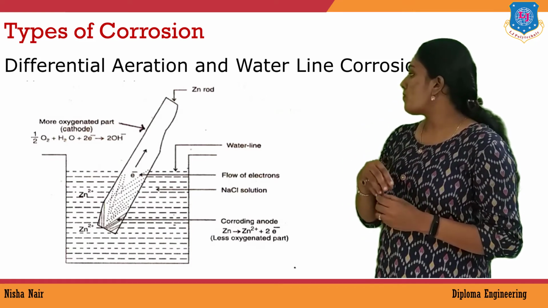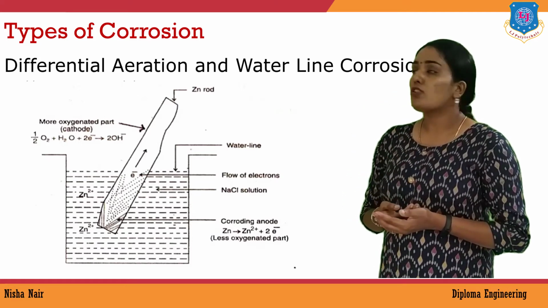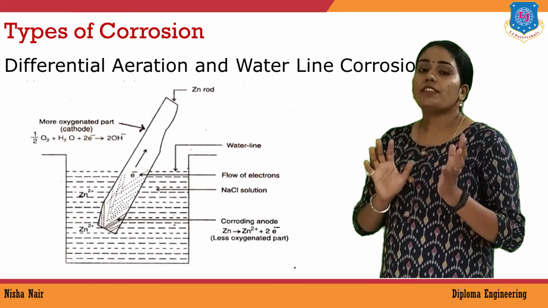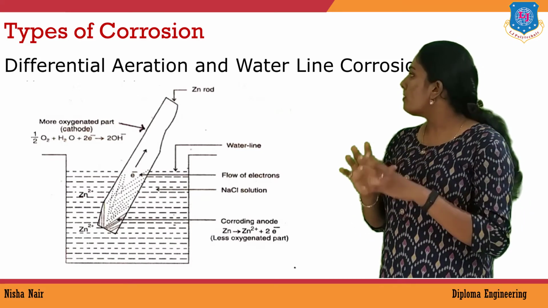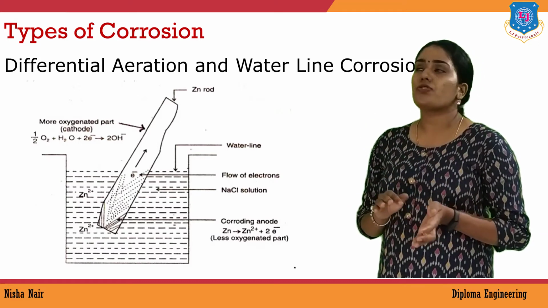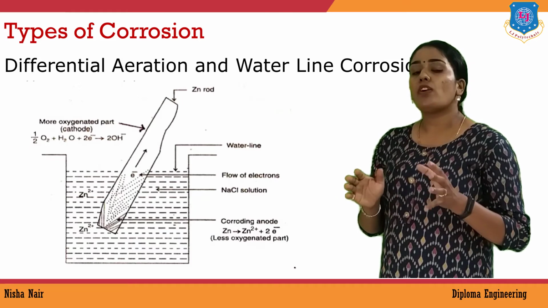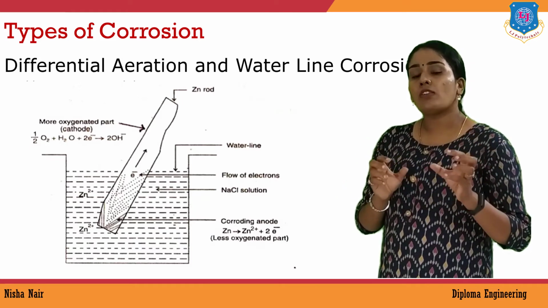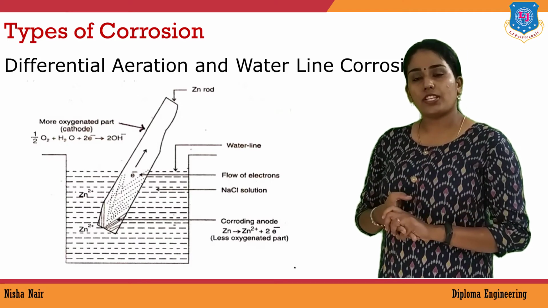First you can see the corrosion take place from the bottom, and then it gets spread into the different parts of the metal. So due to the concentration difference in oxygen, the corrosion takes place here. In both differential aeration corrosion and waterline corrosion, the concept is the same: the difference in concentration of air molecules or oxygen molecules.